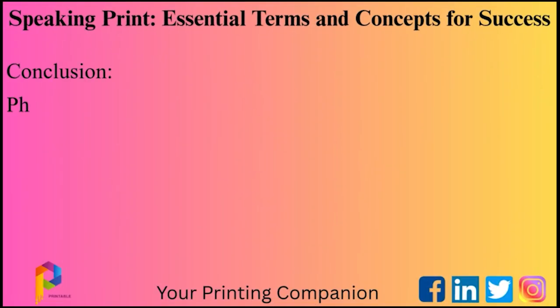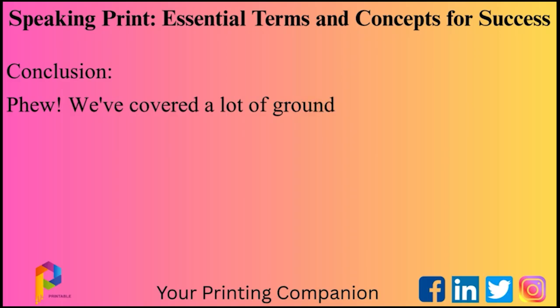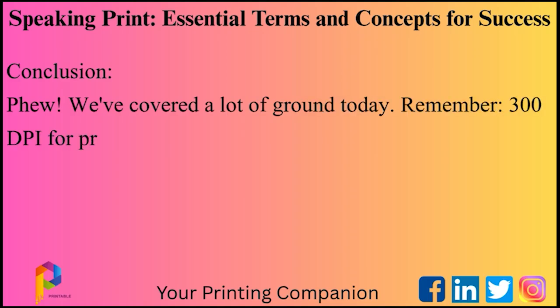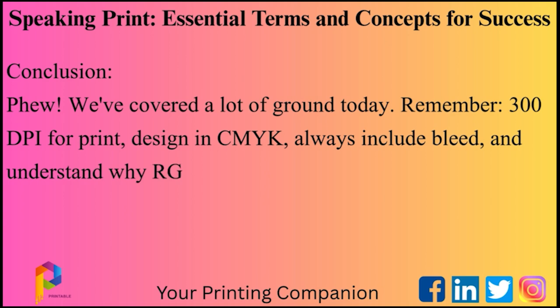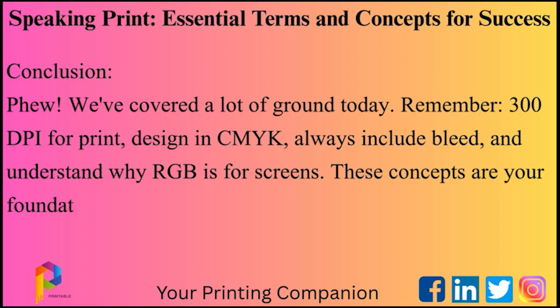Conclusion. We have covered a lot of ground today. Remember: 300 dpi for print, design in CMYK, always include bleed, and understand why RGB is for screen. These concepts are your foundation for successfully preparing any project for print.